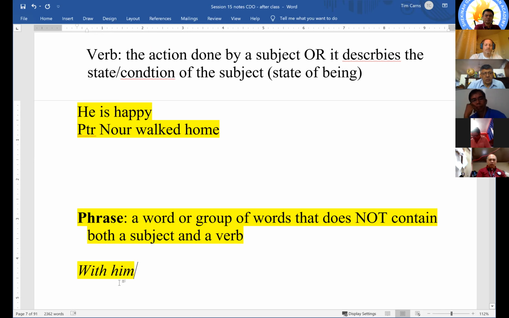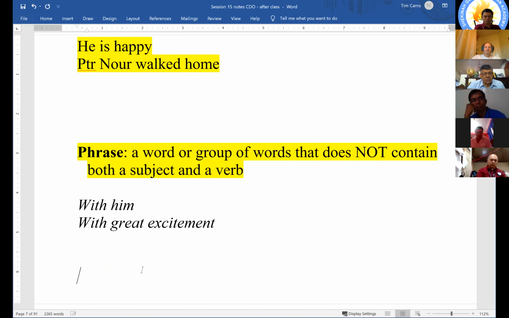Okay, there's no subject here, right? There's no verb, there's no action that's taking place. With great excitement. Again, that's a phrase. There's not a subject and a verb that is a part of that, all right?